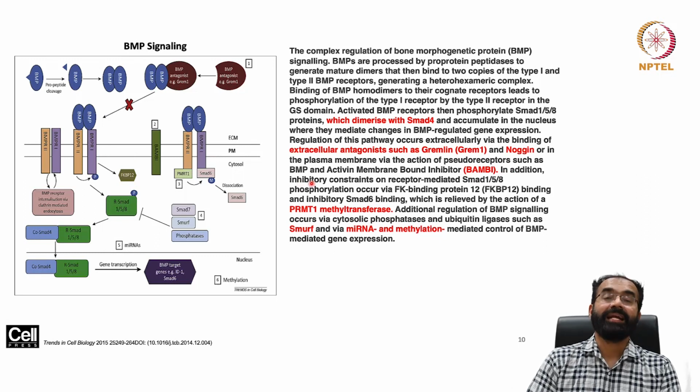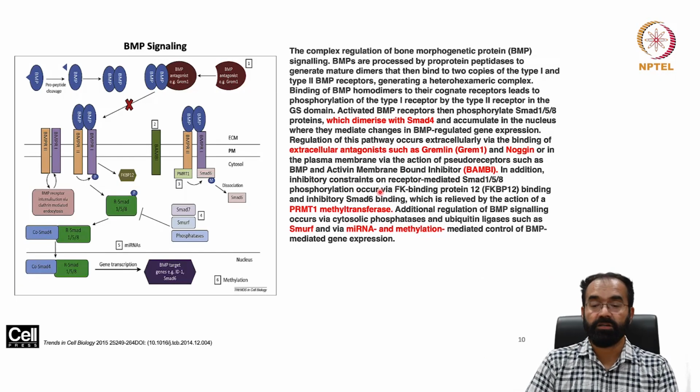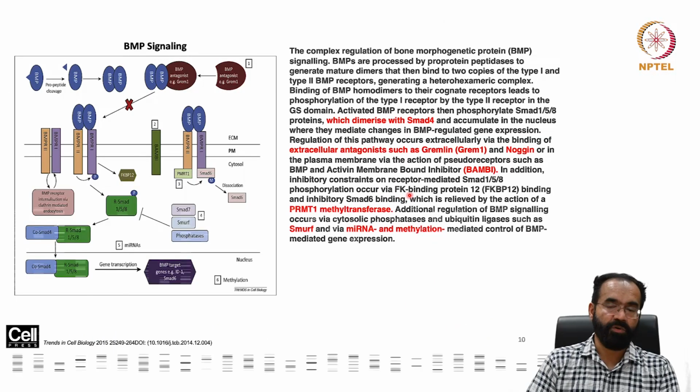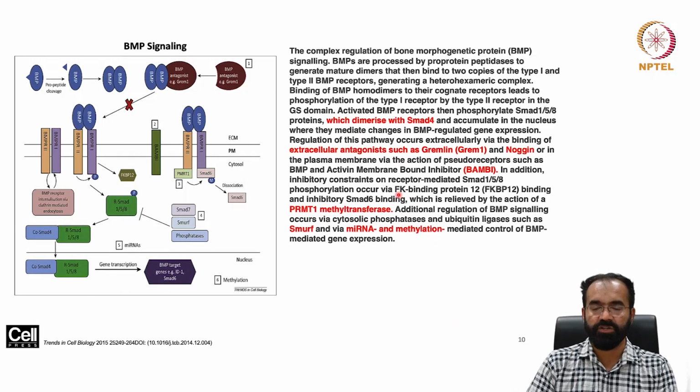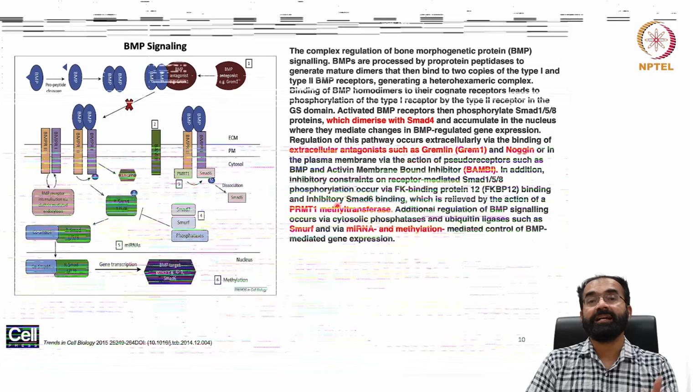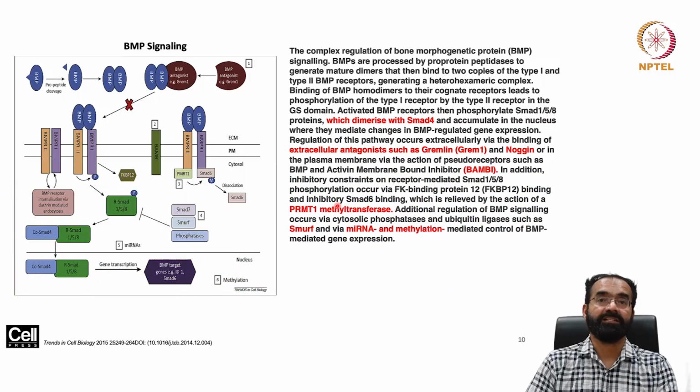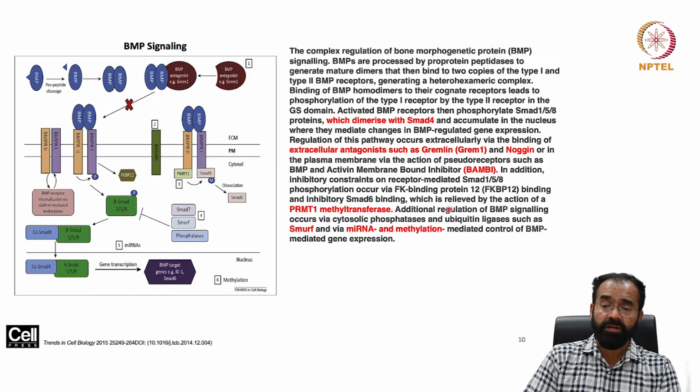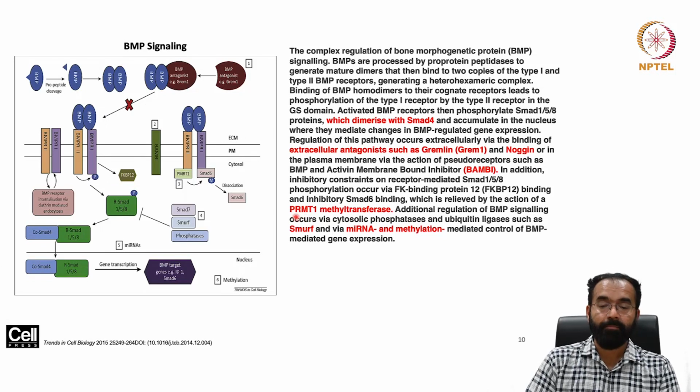In addition, inhibitory constraints on receptor mediated SMAD 1, 5, 8 phosphorylation can occur via FK binding protein. FK stands for amino acid residues, phenylalanine and lysine. FKBP12 is the name of that binding protein, along with inhibitory SMAD6 binding. This is relieved by the action of a methyltransferase known as PRMT1.